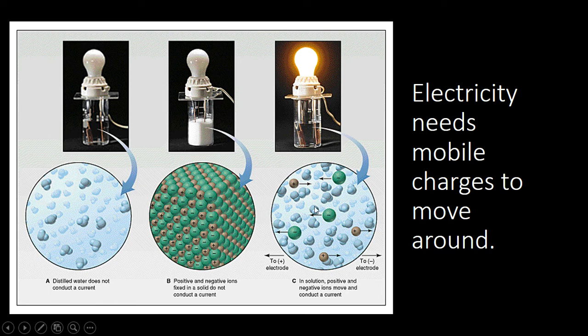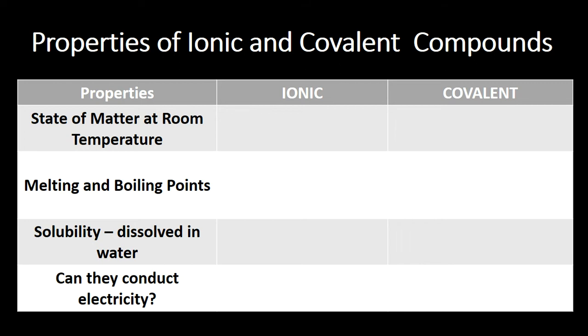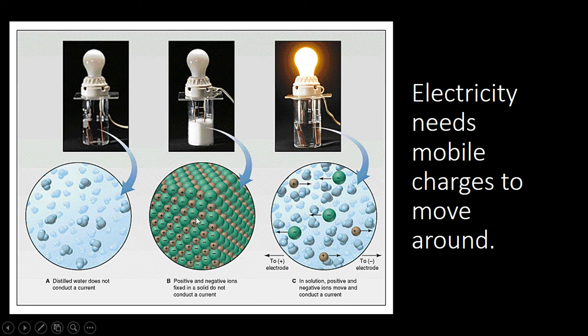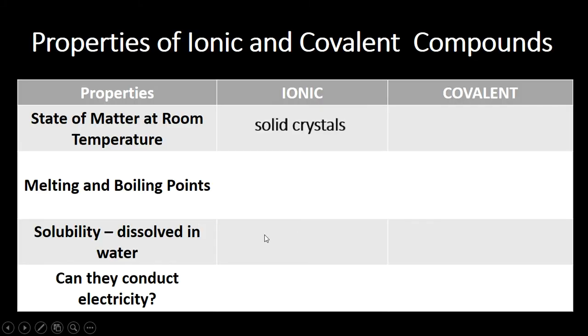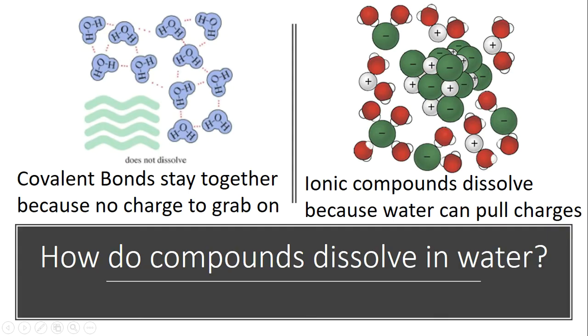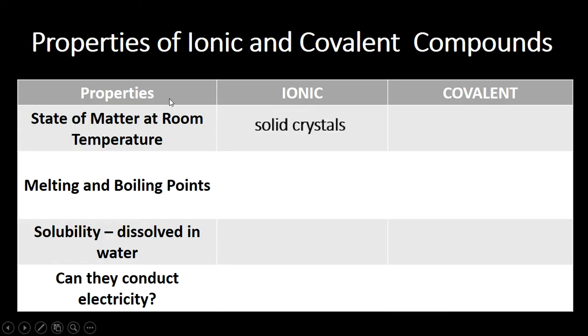All right. That's about it. So in conclusion, you should be able to answer now everything I gave you on your lab. The state of matter at room temperature: ionic things, because they're all these positive, negative stuck things, are going to want to stay solid. Covalent things, because they are not so much attracted to each other with positive, negative charges, can be anything.